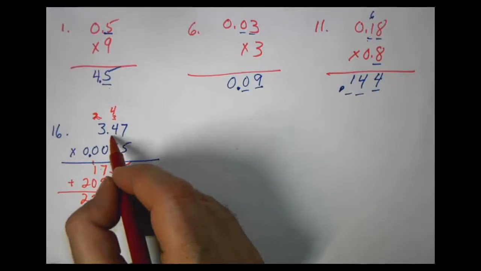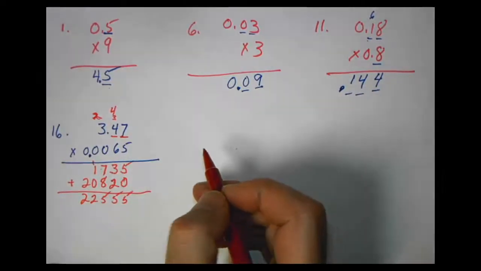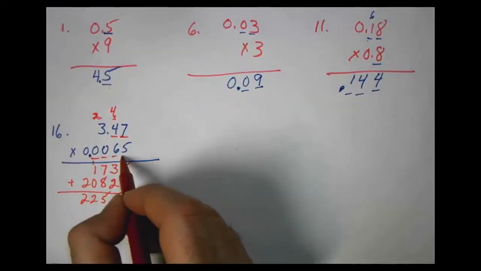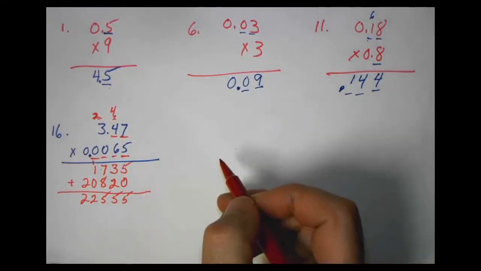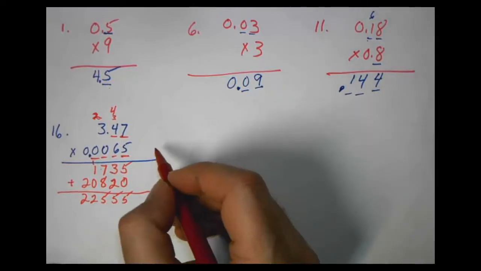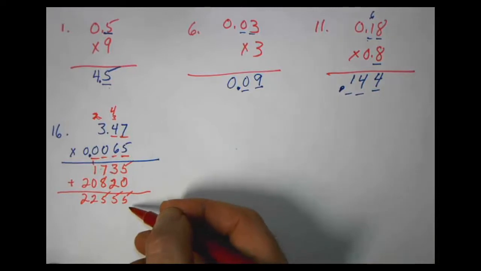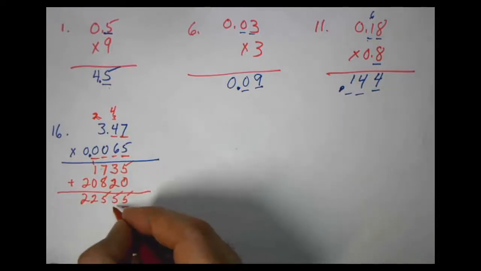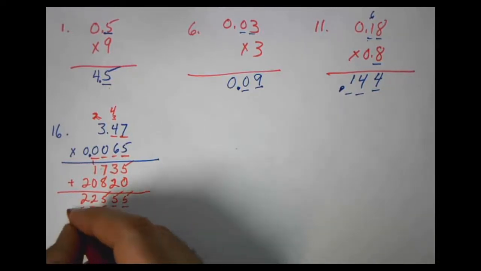So we have 1, 2 spots here. 1, 2, 3, 4 digits behind the decimal on the bottom for a total of 6. So again, we're going to start on this side and count this direction. 1, 2, 3, 4, 5, 6, and place our decimal.